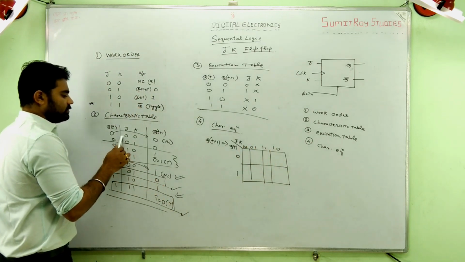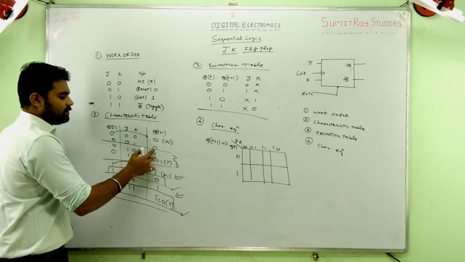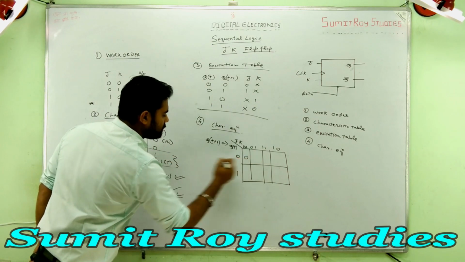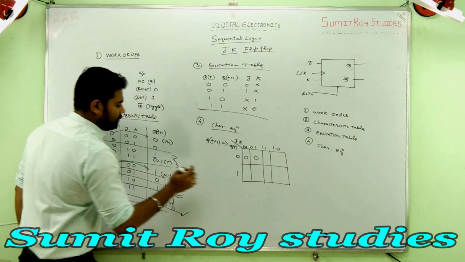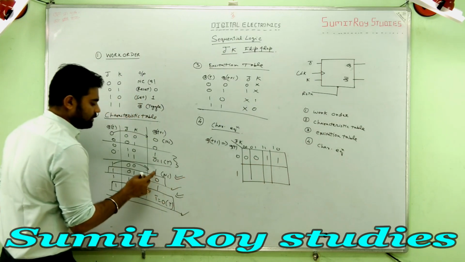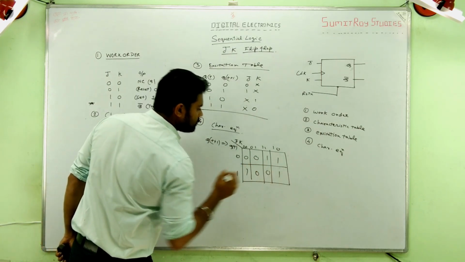For 0 0 0, it is 0. For 0 0 1, it is 0. So I'll give the inputs 0 0 and 1 and 1 1 and 1. Then 1 0 1 0, 1 0 1 0.